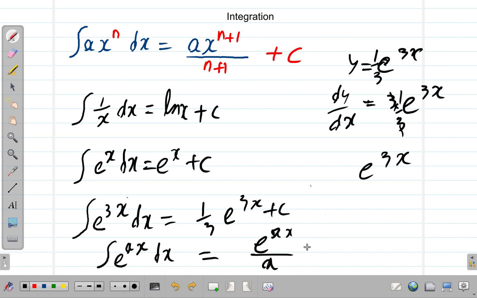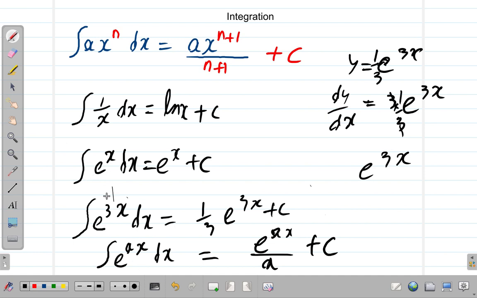All right, so that would be our third result. The integral of e to the, well, 1, 2, our fourth result, branching from this.